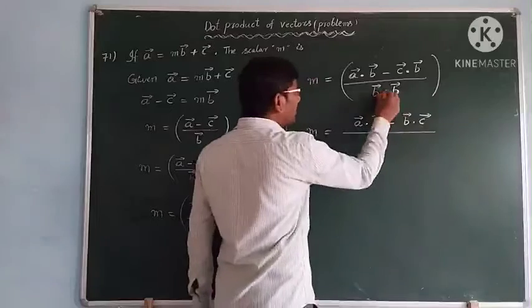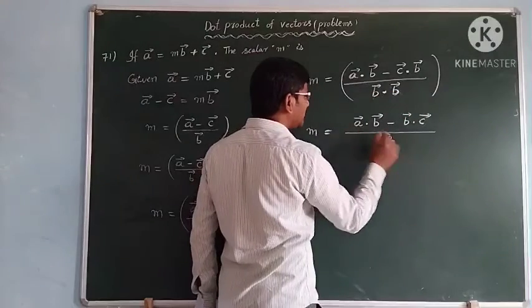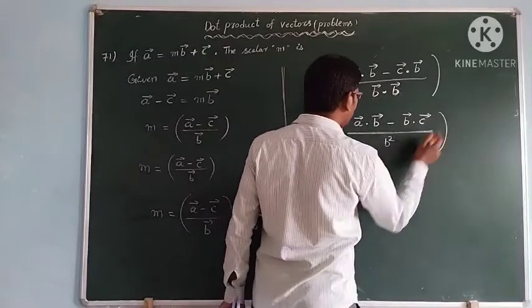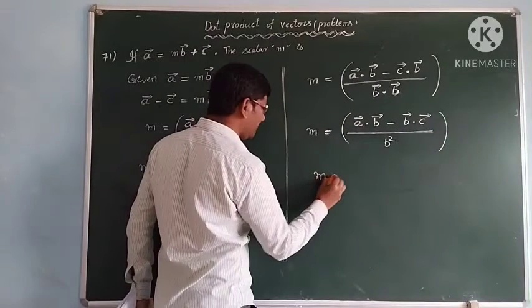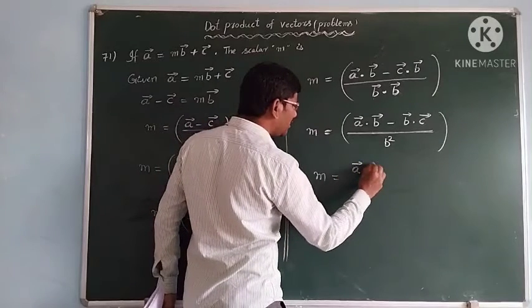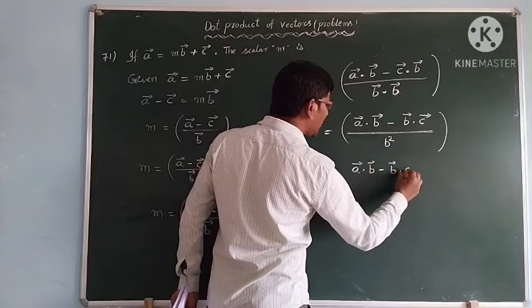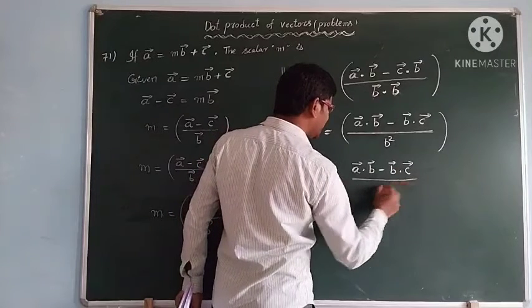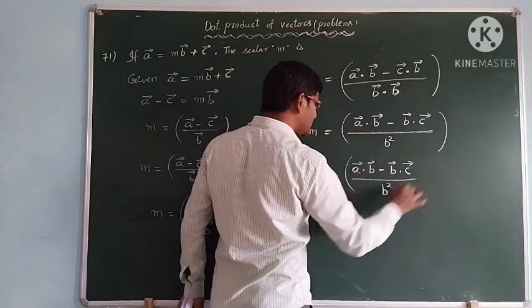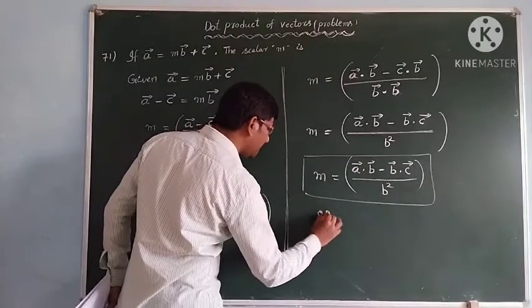And the dot product of a vector with itself is equal to the square of its magnitude. So M is equal to A bar dot B bar minus B bar dot C bar by the square of the magnitude of B. This is the answer, students. So it means option A.